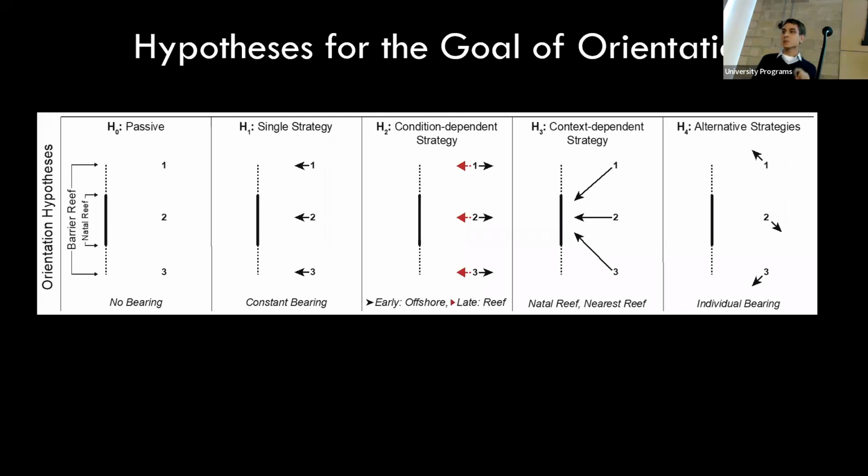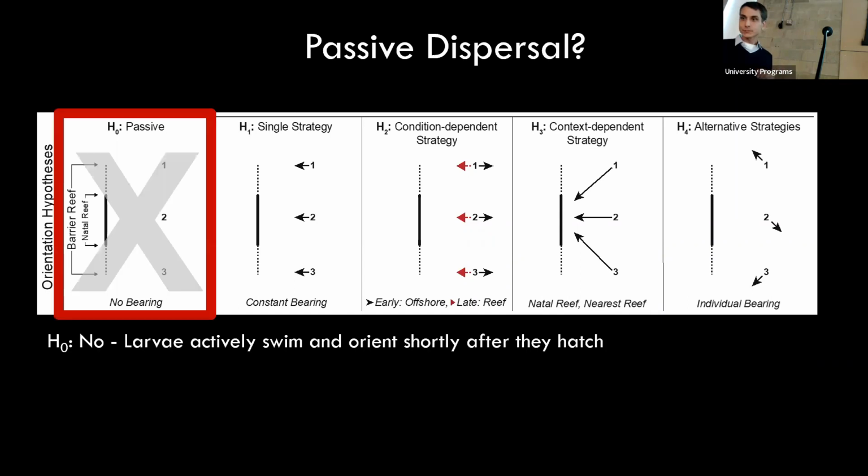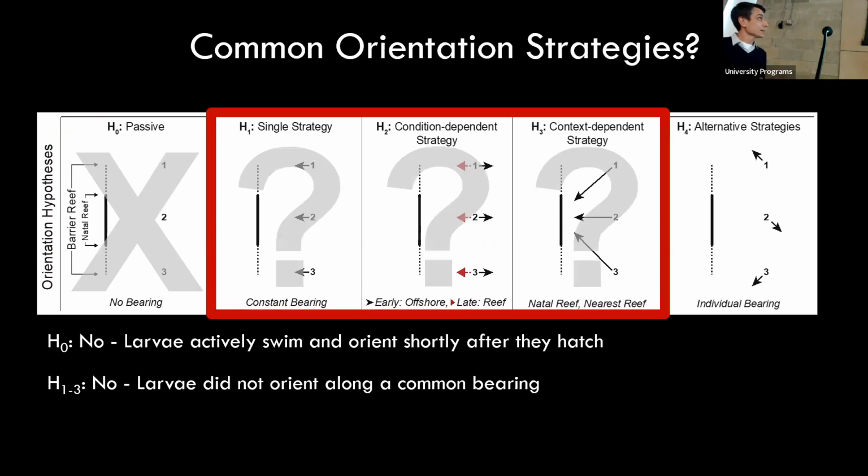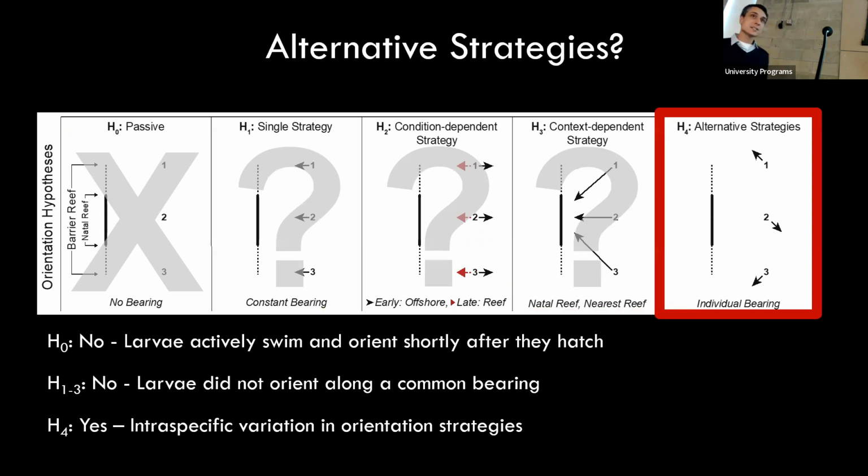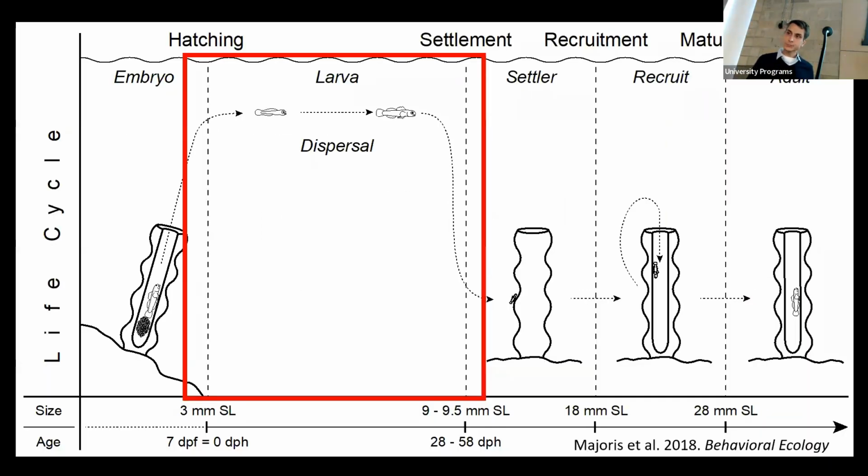So let's return to these hypotheses and think about what may be going on here. We can rule out passive dispersal, right? And in this context, these larvae don't seem to be using the same strategy. So it suggests that there's a lot of intraspecific variation in larval dispersal strategies in this species. And so it's going to be fun to pick apart that hypothesis.